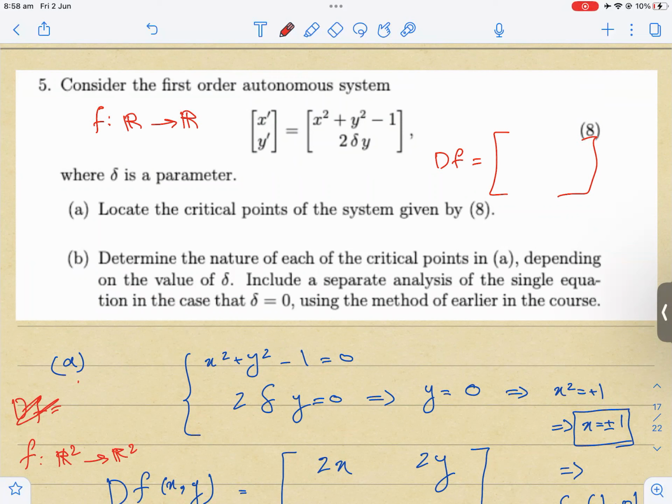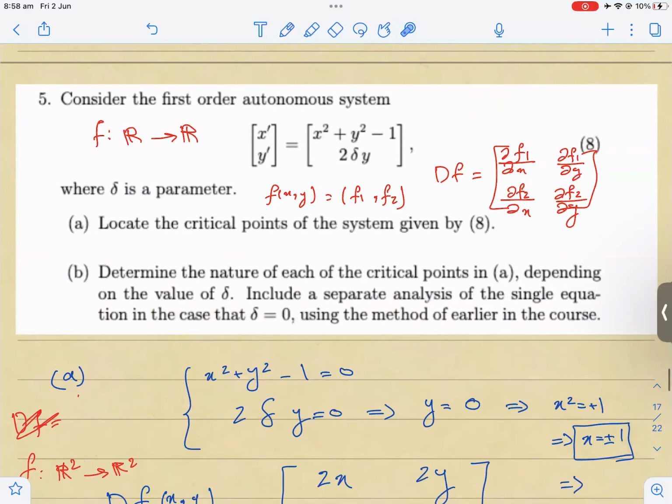For f from 2 dimensions x, y going to 2 channels, first channel, second channel, f of x, y is f1, f2. So df is del f1 del x, del f1 del y, del f2 del x, del f2 del y. So we've got this one.